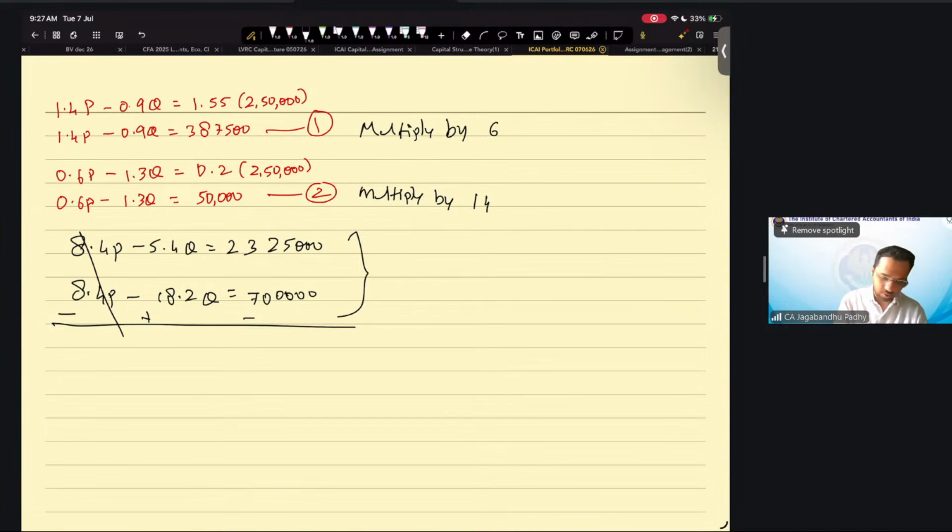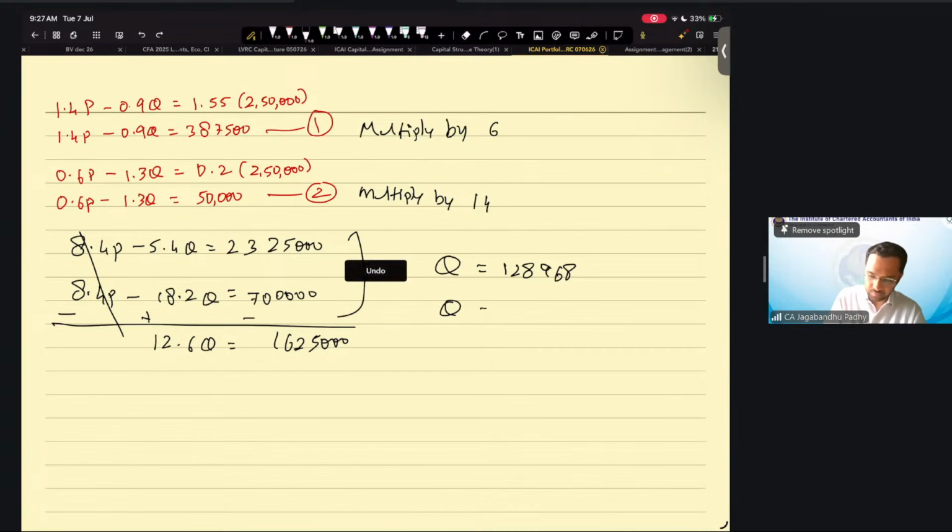So you have 18.2 minus 5.4, which is 12.6Q, is equal to 23 lakh 25,000 minus 7 lakh, which is 16 lakh 25,000. The value of Q will be 16 lakh 25,000 divided by 12.6. This is 1,28,968. The value of Q.